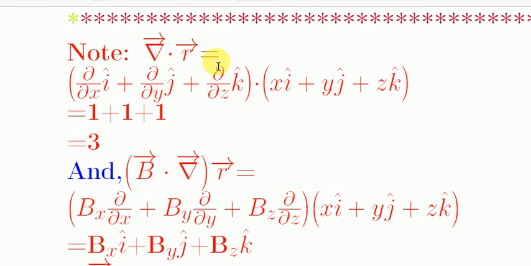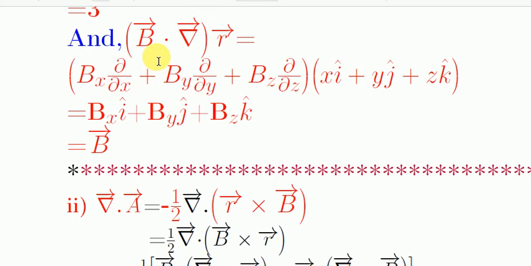Del dot R, in place of the del operator we can write del del x i cap plus del del y j cap plus del del z k cap dot in place of R, that is, R is the position vector. So in place of R we can write x i cap plus y j cap plus z k cap. If we simplify this, then we can write 1 plus 1 plus 1, and that equals 3.